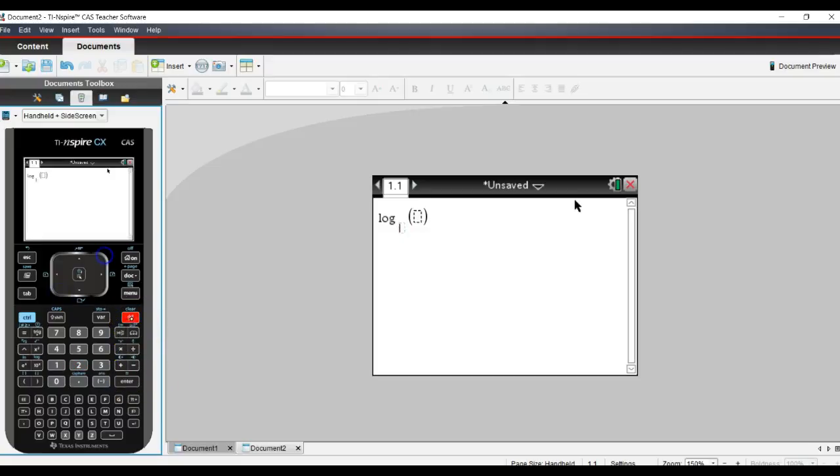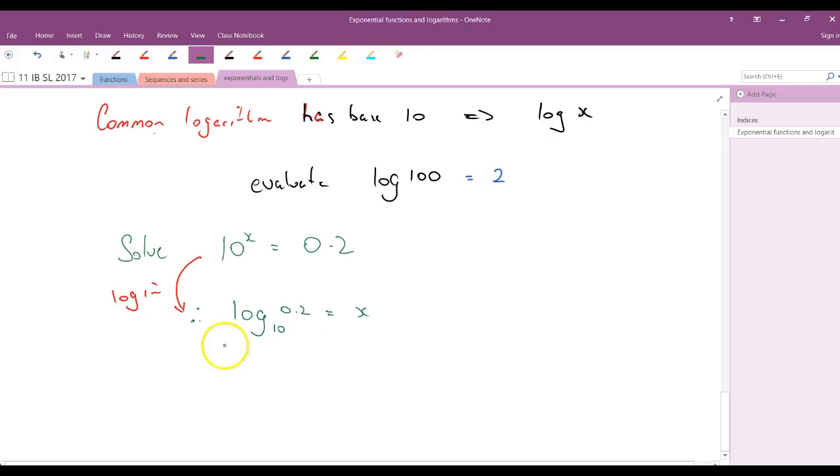If I just arrow across to 0.2, it'll assume that I wanted 10 there. You can see it's immediately reverted, and it's minus 0.699. So therefore, x is equal to minus 0.699 to 3 significant figures, and that's all good.